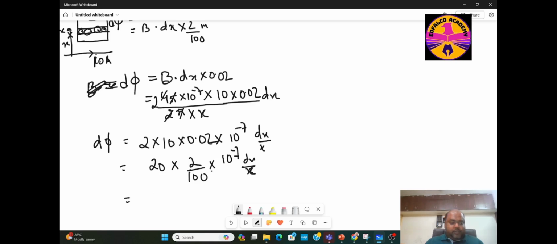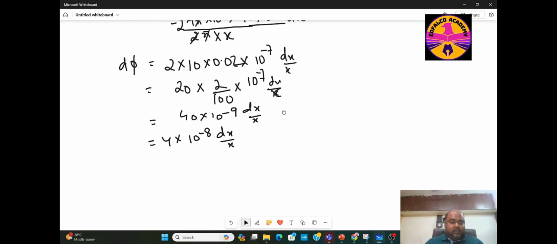It will come out as 40 into 10 to the power minus 9 dx by x, or it can be written as 4 into 10 to the power minus 8 dx by x. So this is the value of my d phi.